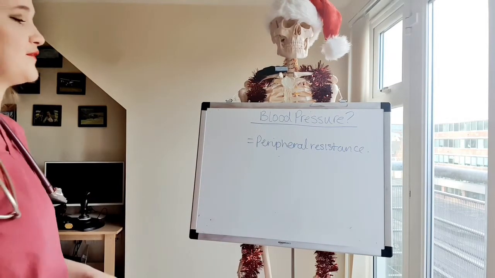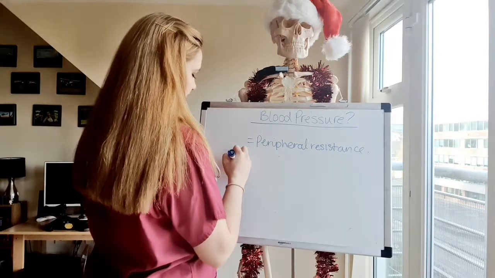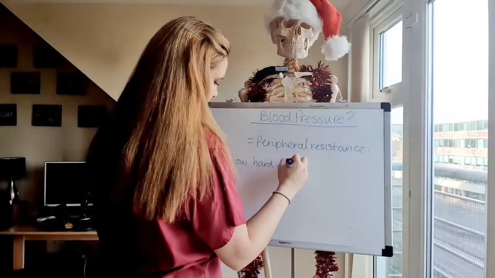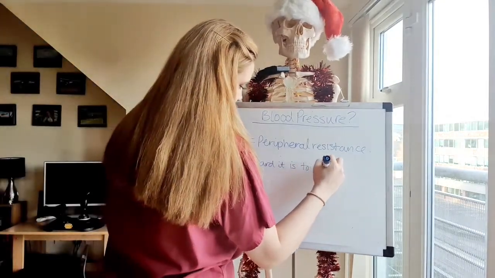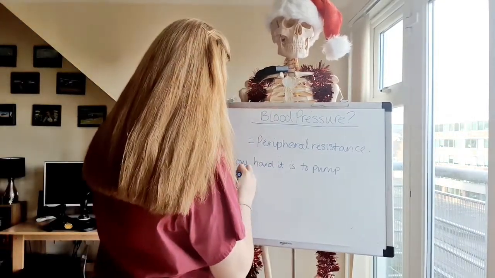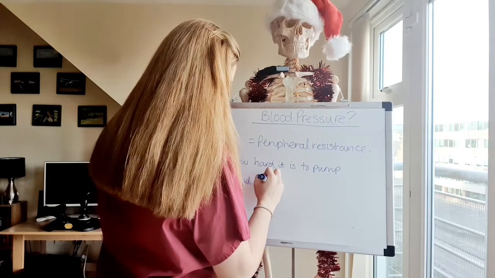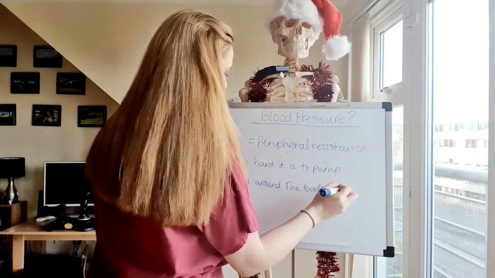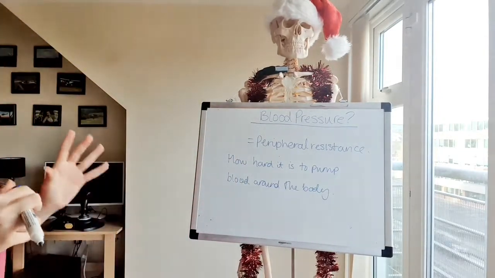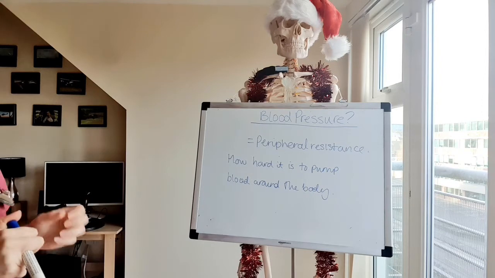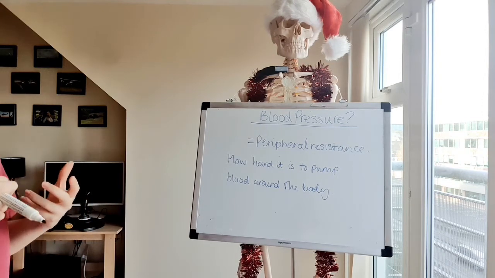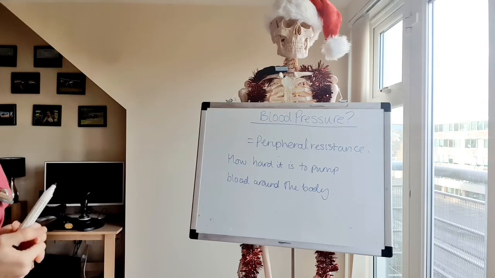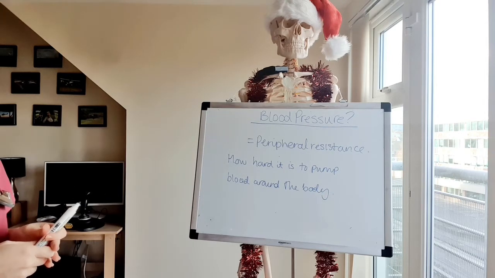So what is peripheral resistance? It is essentially just how difficult, how hard it is to pump blood around the body. So how hard it is to push blood around the CVS, the cardiovascular system as a whole.